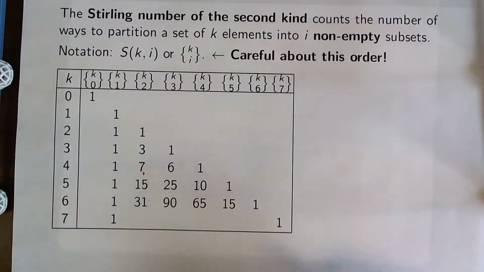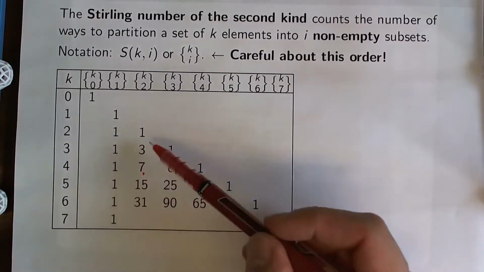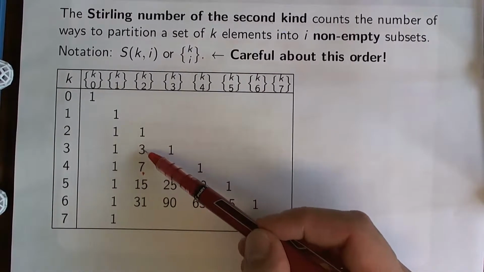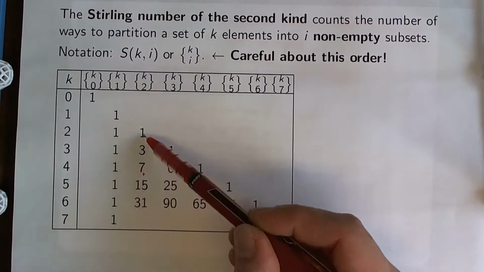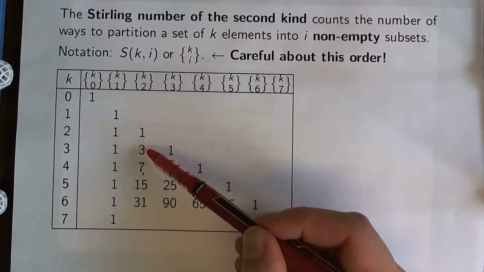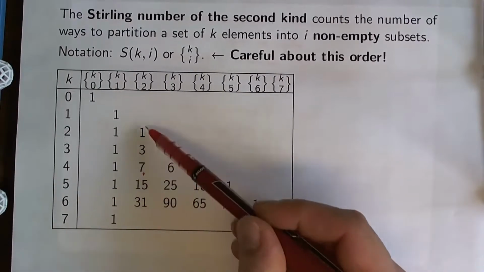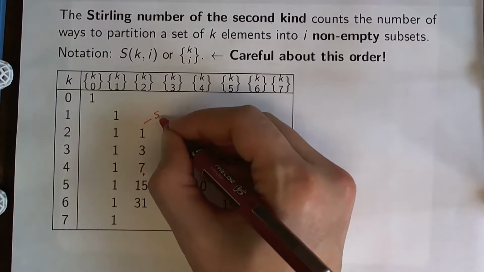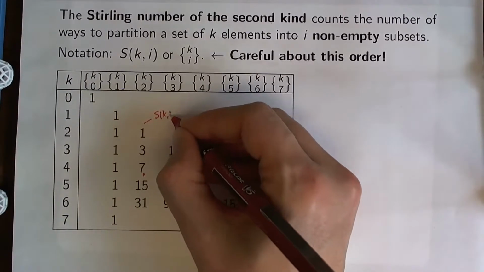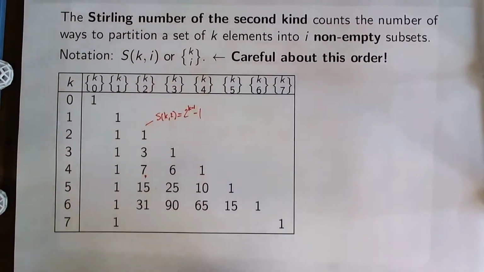So let's talk about how you might fill in this table. First thing we could do is look at some patterns. We look at this column and see 1, 3, 7, 15, 31. If I were to add 1 to each of these, that would be 2, 4, 8, 16, 32. So this is S k,2, and it looks like it's equal to 2 to the k minus 1, minus 1.